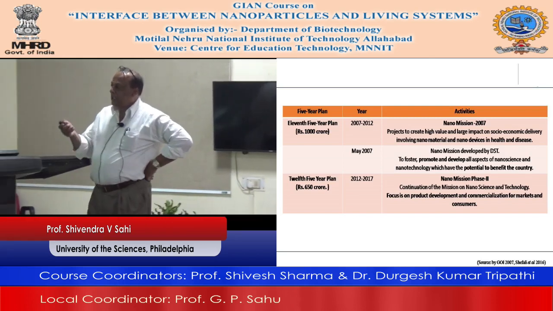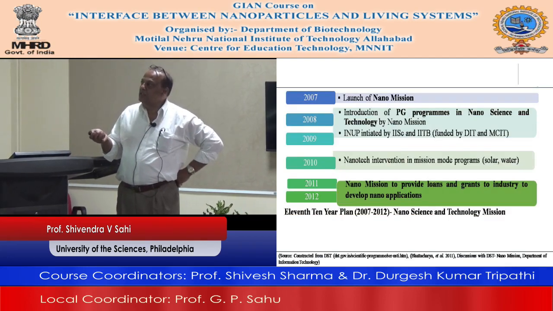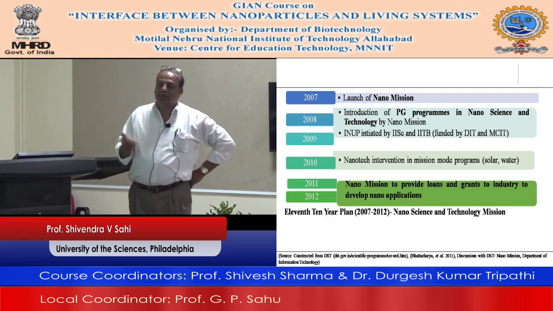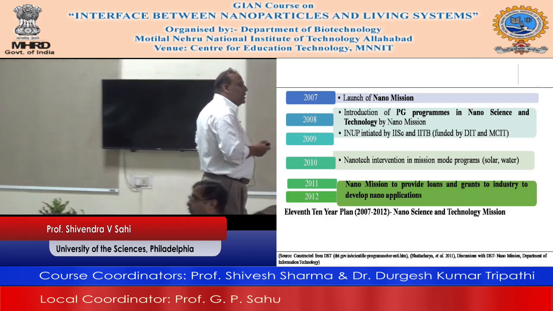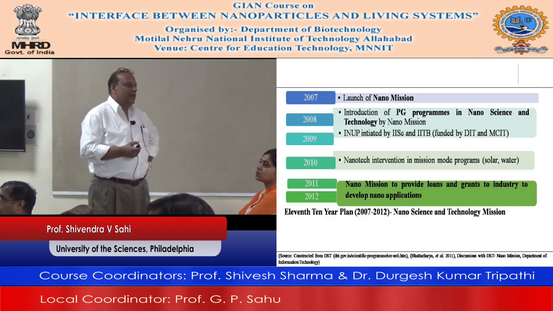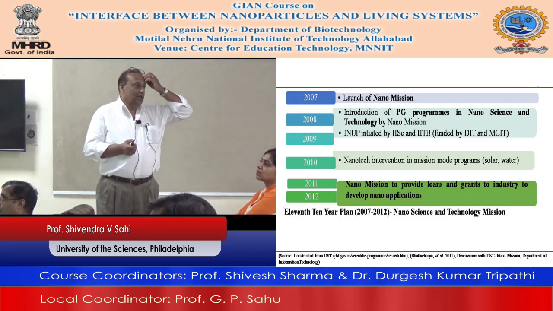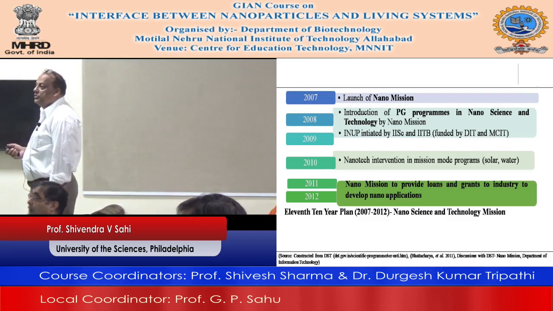This is basically the same thing. You look here, the Nano Mission came out in 2007. In 2008, the PG programs, postgraduate programs, were developed in India. Not many people knew about that. In nanoscience there was no formal education, so that came in 2008.